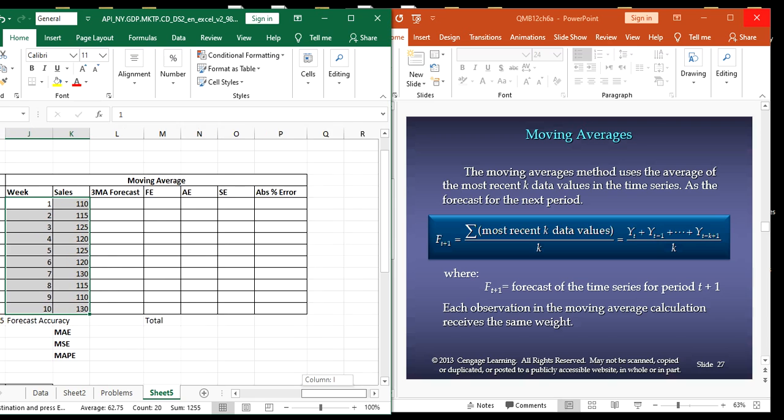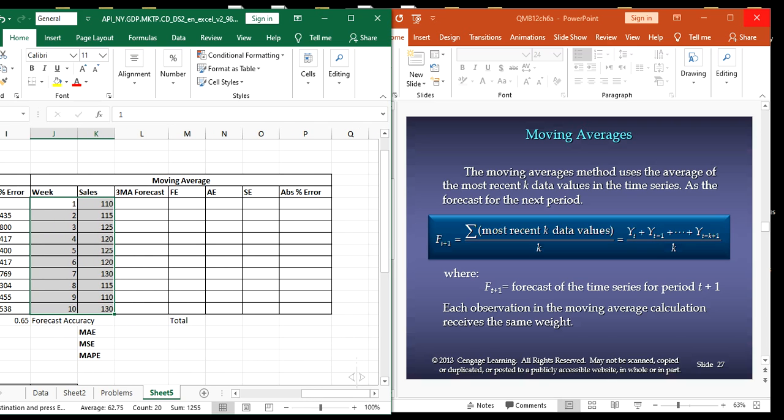So here are weeks, moving average. This one tells us that this is a mathematical calculation. So the forecast t plus 1 is the average of the most recent data.